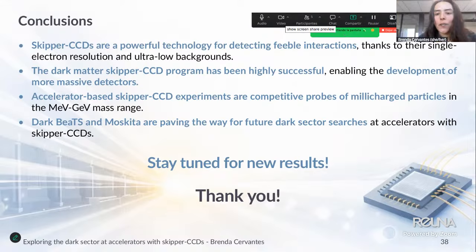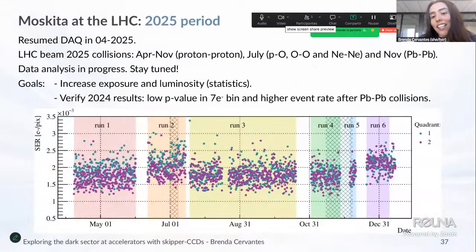Yeah. Well, we are still analyzing the data. Here I'm plotting the single electron rate, and here in this grid is the period with lead-lead collisions. So we actually see a very slight increase of single electrons, which could hint at a higher event rate. But still we are looking at the data.